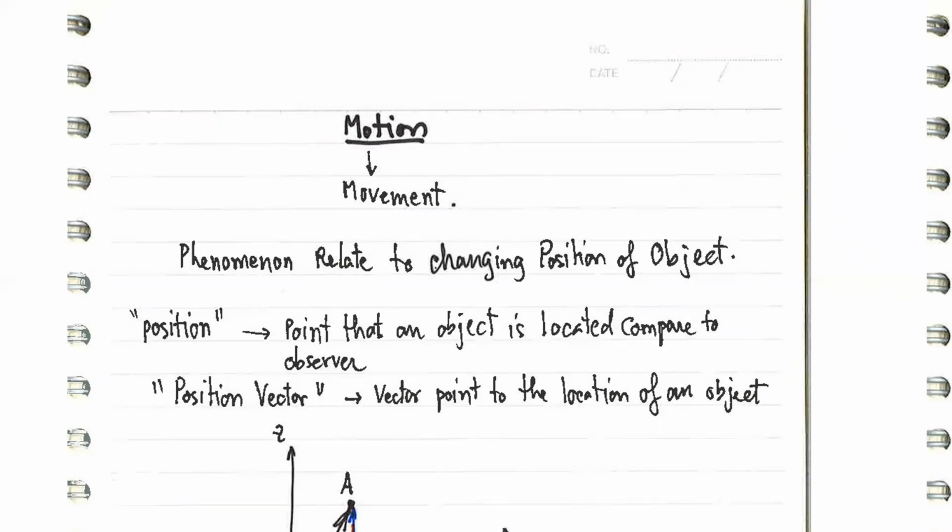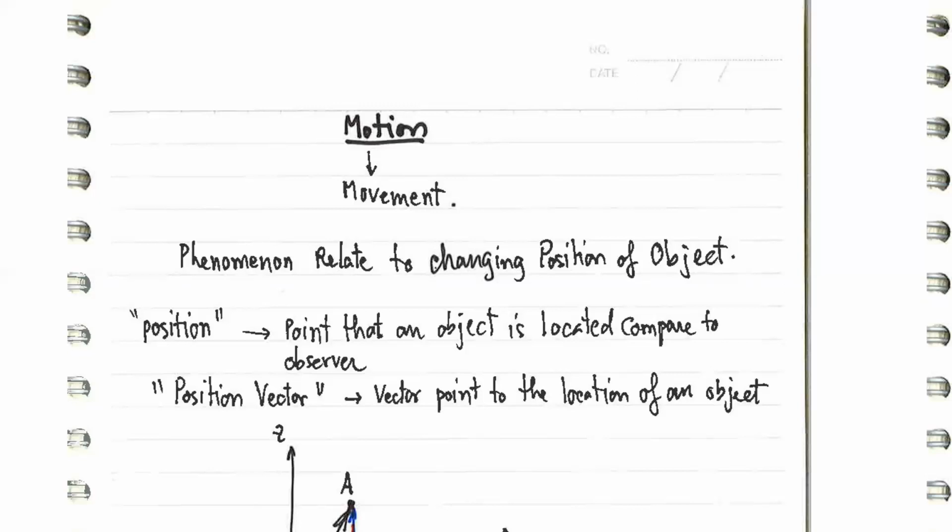Okay, so our first topic is motion, and when I was your age, this topic was called kinematics. It's a word that sounds good. Kinematics means the topic of changing position of an object.